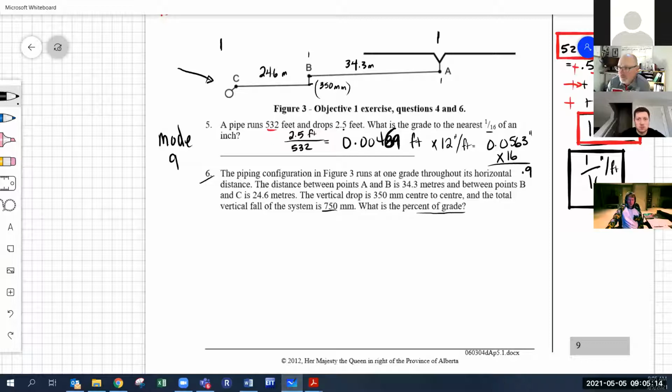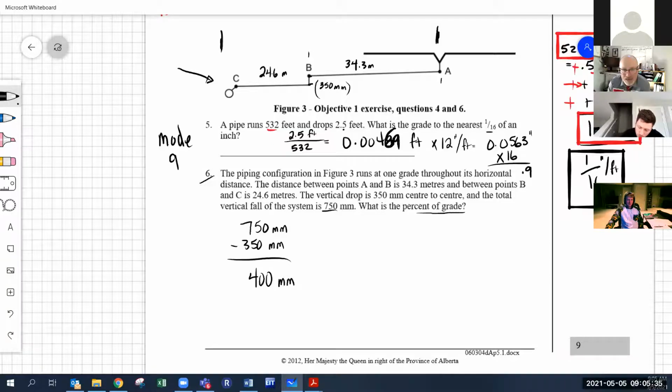That is not a part of our grade. So we must minus that from the 750 mils. And that clearly gives me a 400 millimeter drop over this entire run.